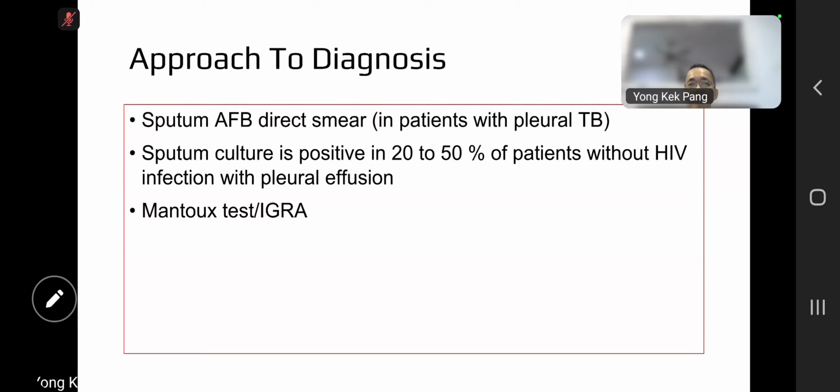And then the question is the Mantoux test and IGRA. As you know, Mantoux test and IGRA are actually meant for the diagnosis of latent TB, not so much of active TB. So the question is whether you should do it or otherwise. I think we can discuss later in what situation Mantoux test might be helpful, and in what situation it might not be helpful.